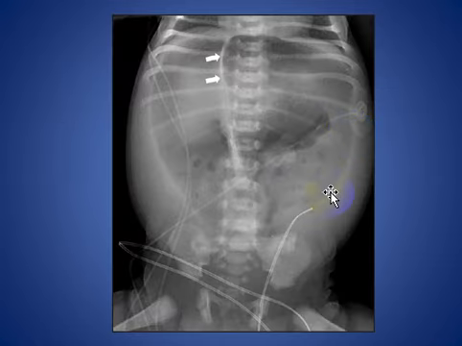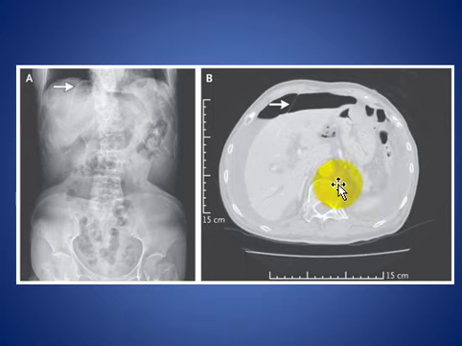As we see here in this patient, we have the football sign, and there is a linear density parallel to the spine. This is the falciform ligament sign, and also air under the diaphragms. Here, this is the falciform ligament sign, and also on the CT scan we see the falciform ligament outlined by air.